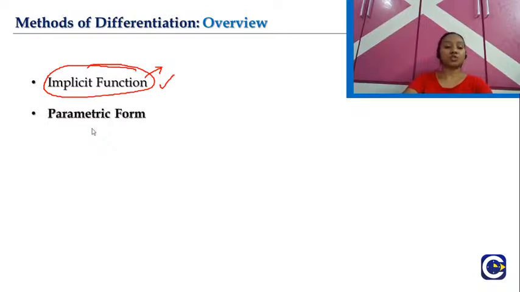Coming to today's session, we'll be starting with parametric form. As I have already given a quick intro of what parametric form is in our previous session, I'll just go through it once. Basically, we'll have our function in terms of other parameters. For example, it can be some theta, it can be some t, it can be anything.